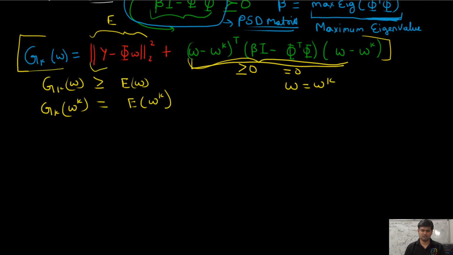Furthermore, this function is convex and this function is also convex. So we can obtain the minimizer of the loss function gk by just setting the gradient of this function to 0. So now we'll see the solution for the minimizer of this function gk.